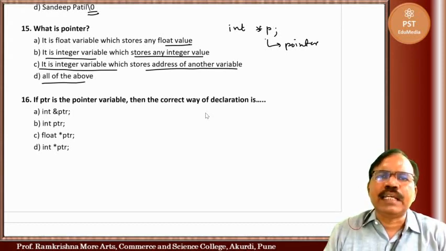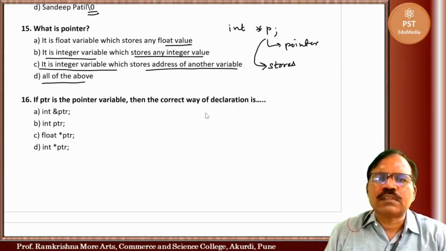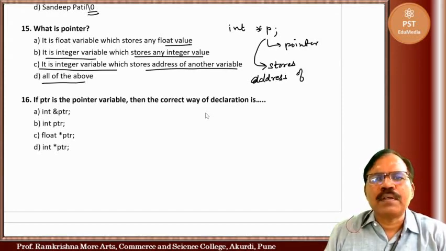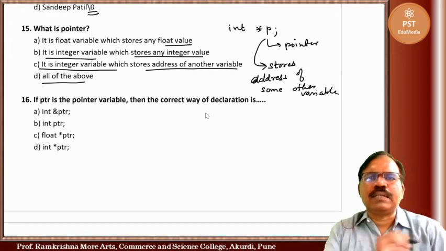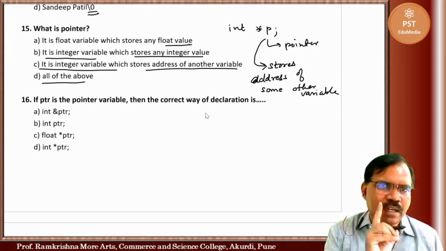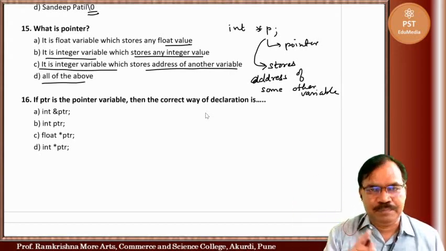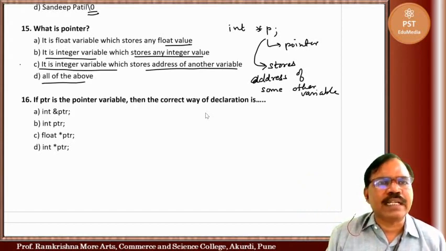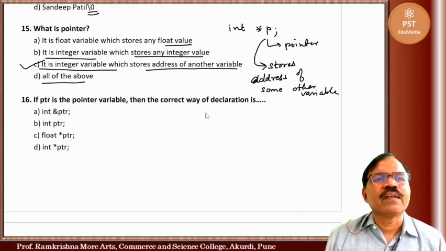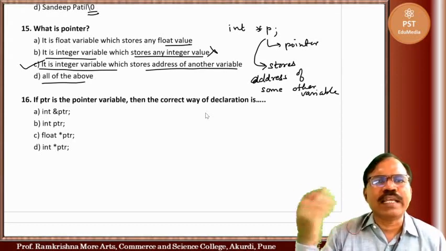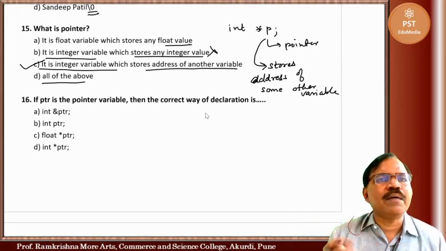It is an integer variable and this stores the address of some other variable. So a pointer always stores the address of some other variable. So this one is correct, and the others are not correct. It will not store any other value, and it is not a float variable.